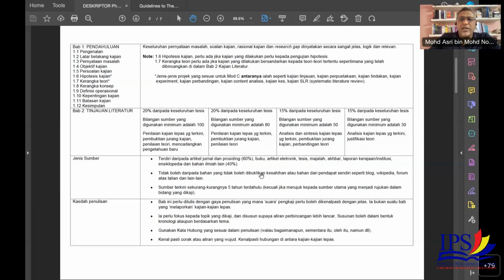For example, when we say reporting past research, it is like this. In chapter 2, you write about, and I will just read to you some example like this.